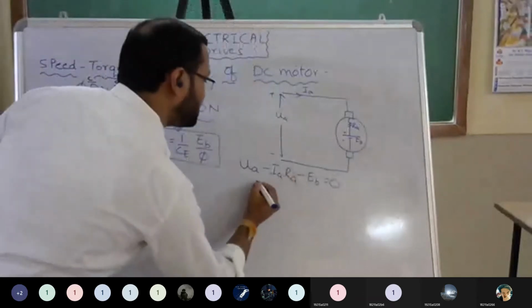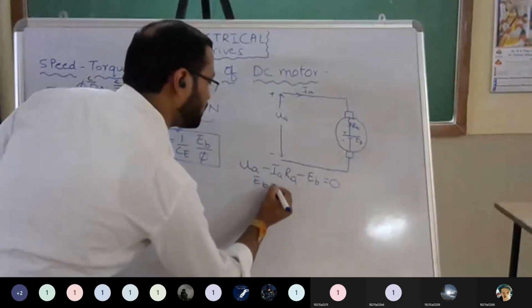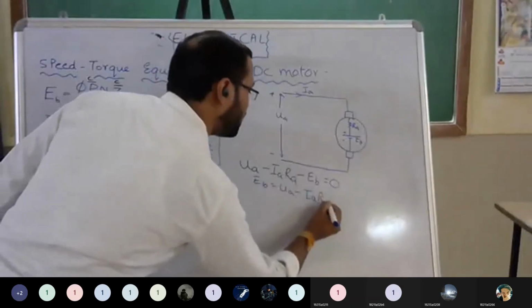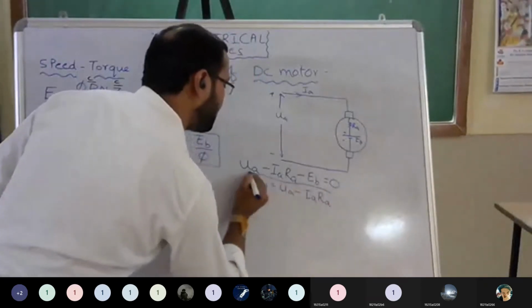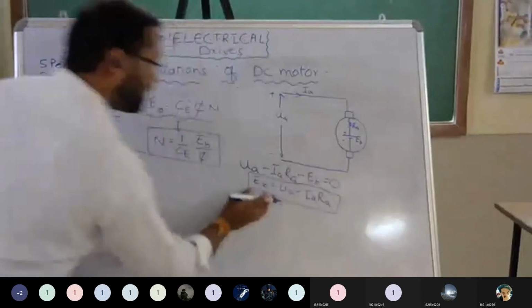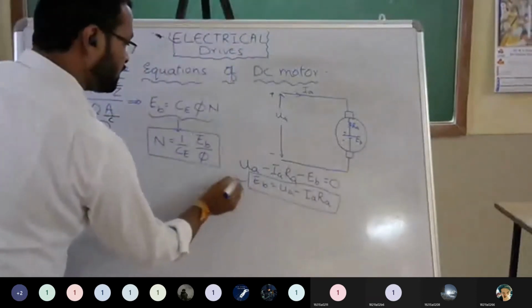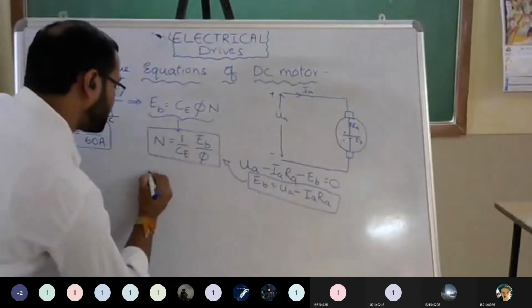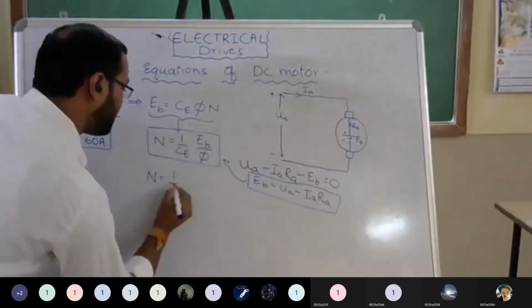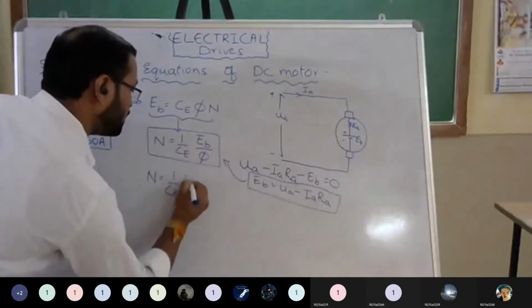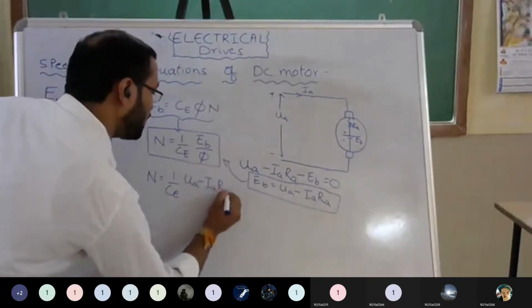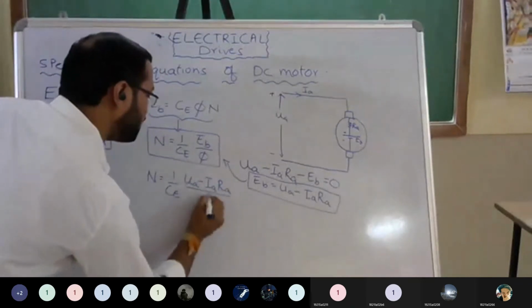So now EB is equal to UA minus IA RA. Now I will substitute this EB here. So speed is equal to 1 by CE into UA minus IA RA by phi.